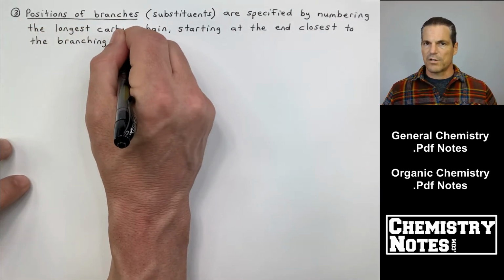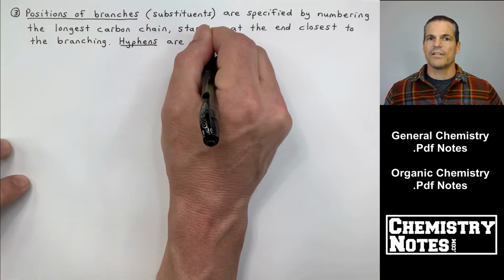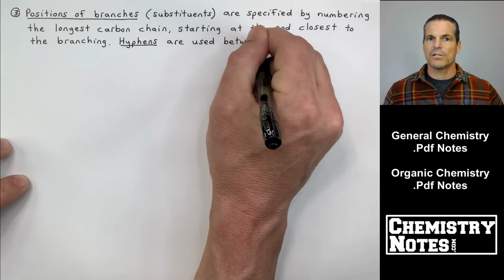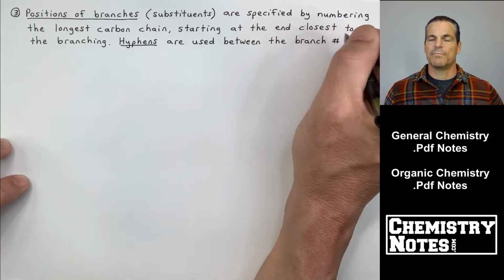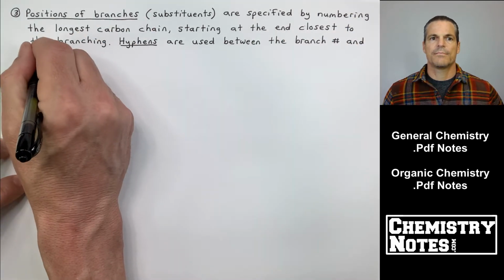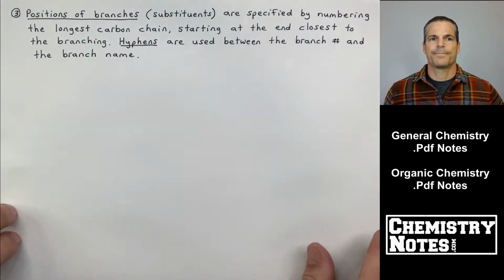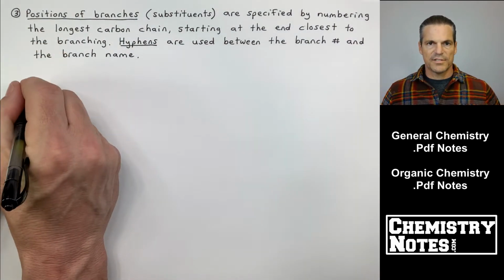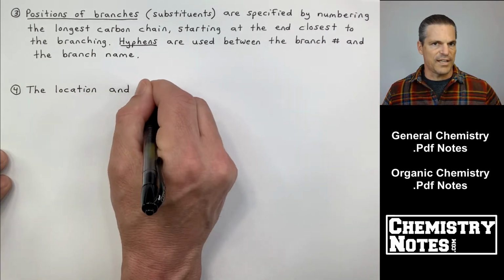It doesn't always have to go left to right, of course. For the longest carbon chain, you want to start numbering at the end closest to the branching. Hyphens are used between the branch number and the branch name. Once we put this into practice, these rules will start to make intuitive sense.